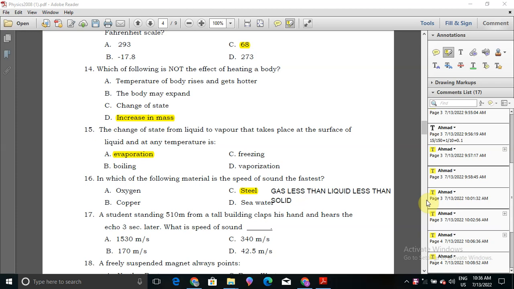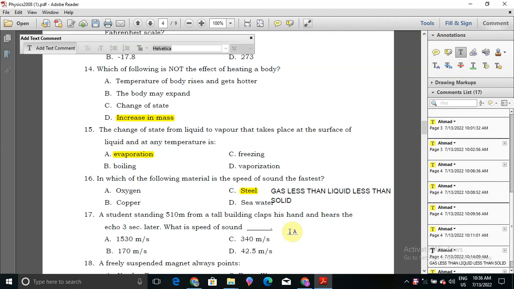So we will use the formula of V, which is the speed. It will be better if I write it here. V is equal to 2S over T.